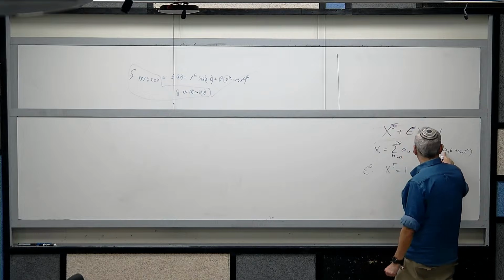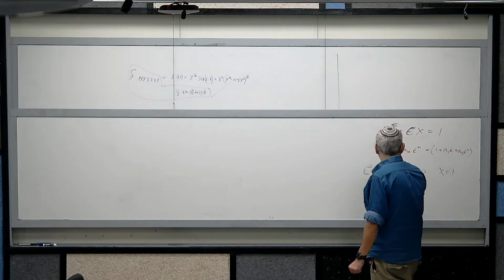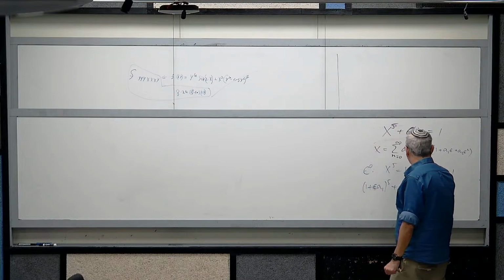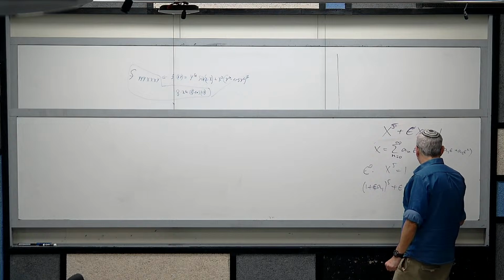Now if I would like to calculate a1, I will plug it in, and I will find 1 plus epsilon a1, to the power of 5, plus epsilon times 1 plus epsilon a1, equals 1.